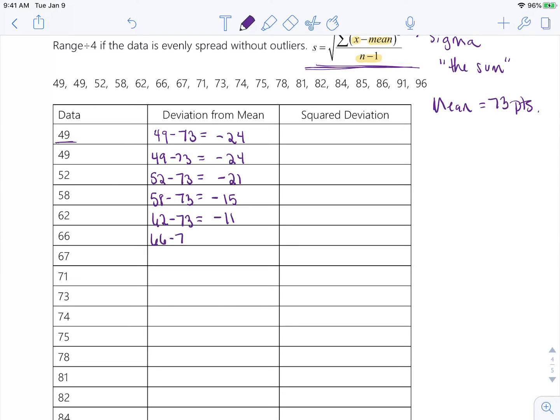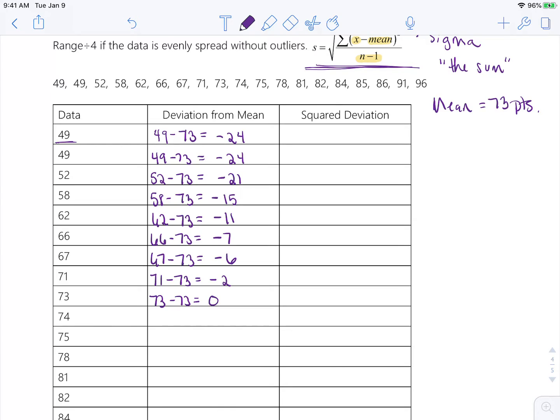You can pause this video and find these on your own if you'd like, because this is going to be kind of boring. 66 minus 73, negative 7. 67 minus 73, negative 6. 71 minus 73, negative 2. 73 minus 73 equals 0.